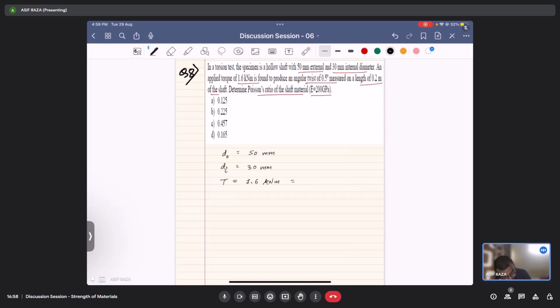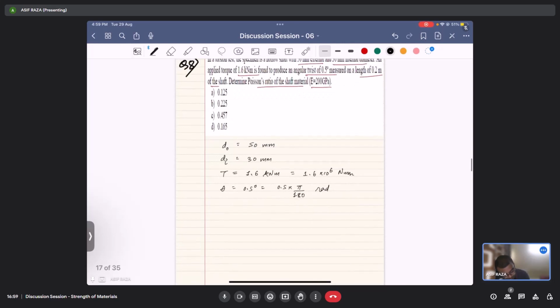That would be equal to 1.6 into 10 to the power 6 Newton millimeter. To produce an angular twist of 0.5 degree, that would be equal to 0.5 into pi upon 180 radian, and length is equal to 0.2 meter.